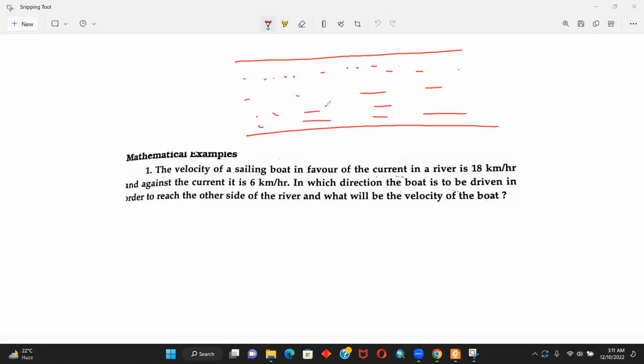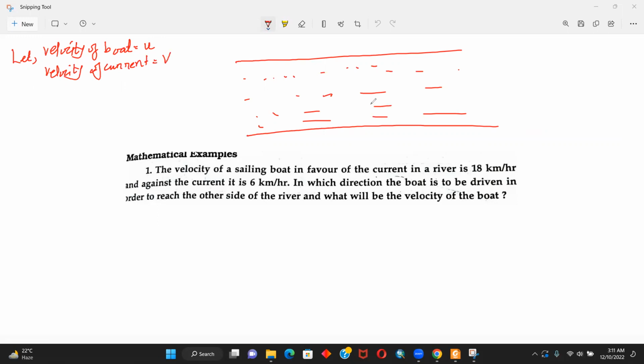Okay. All right. Now what they're saying is say let velocity of boat, or the speed or velocity, whatever you want to call it, equals u and velocity of current equals v. All right.